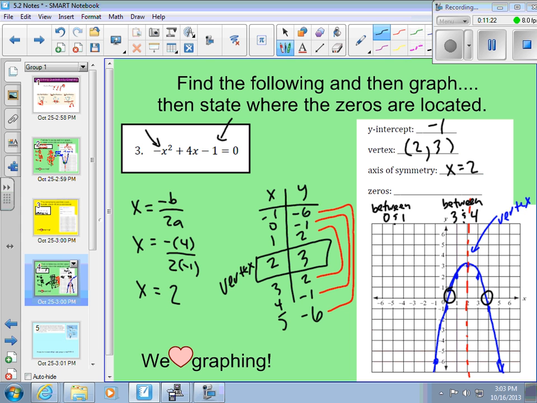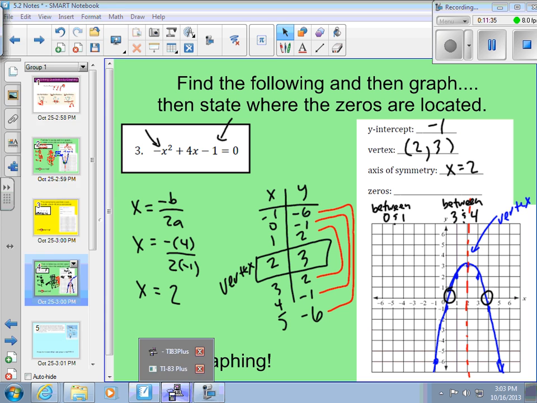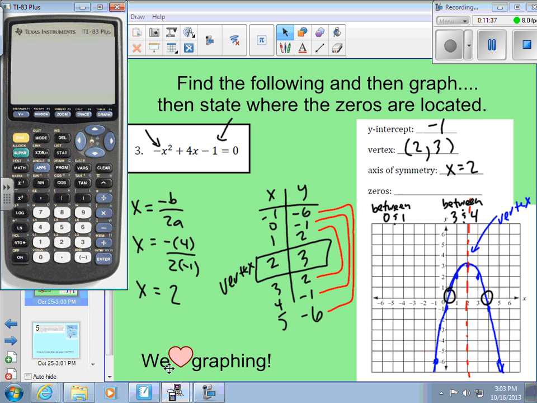Well, as we go throughout this chapter, there'll be some other methods we can use to find out exactly where those are. The graphing method doesn't work so well for ones that don't land on whole numbers like this. But if we use what we talked about with your calculator, we should be able to approximate where those are. So if we go back to our graph, we can again go to analyze graph.